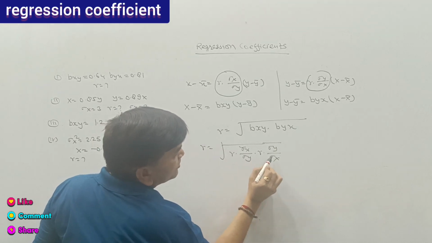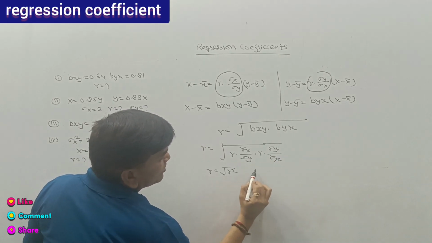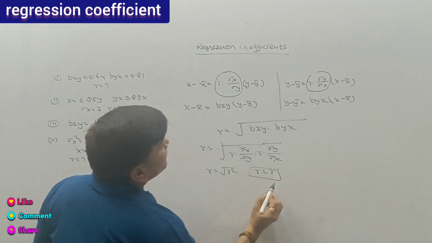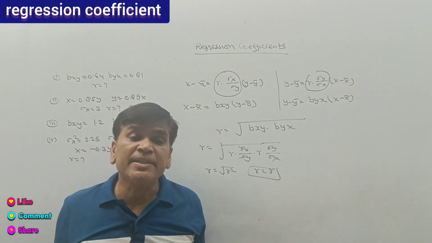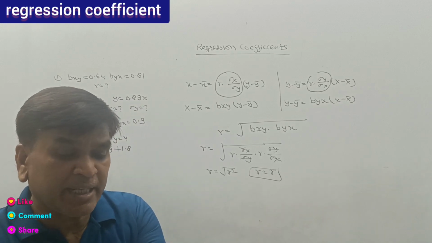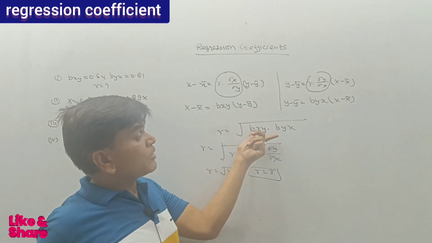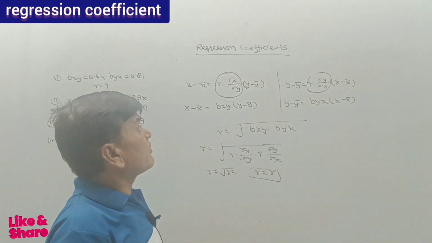So sigma x cancels with sigma x and sigma y with sigma y, and r is equal to root r square, so r is equal to r. It means we can calculate the regression coefficient with the help of that formula: r is equal to under root of bxy multiplied by byx.